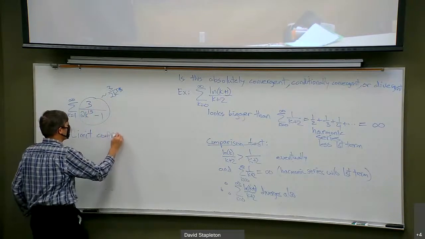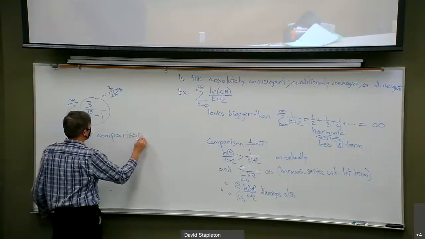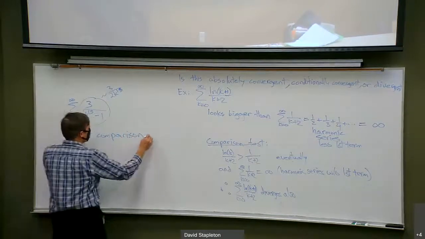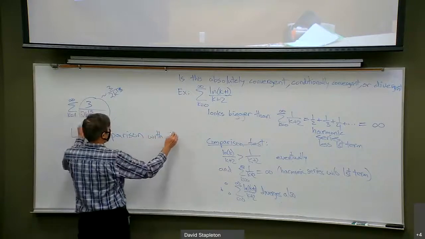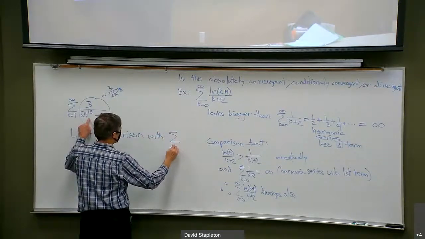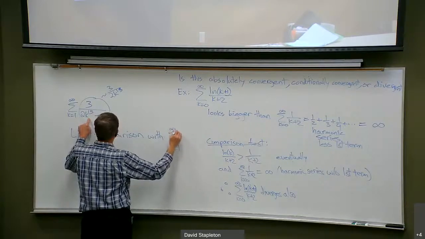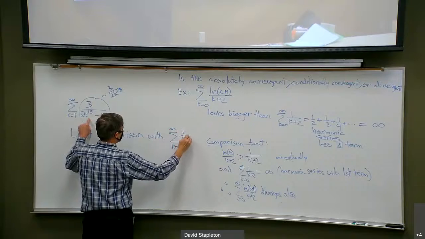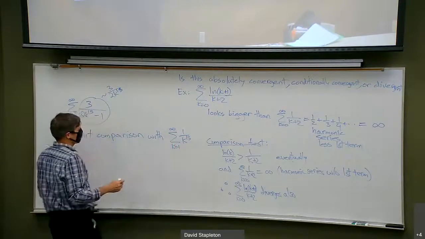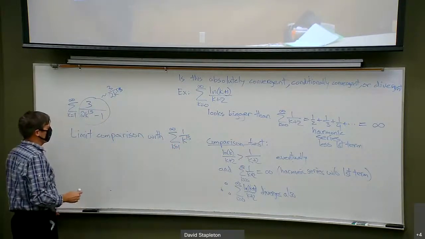Limit comparison, what I can do is compare a series, this one, sum k equals 1 to infinity. Let's just take 1 over k to the 1.5. We could also use 3 over 2 times k to the 1.5, but let's just use that one.